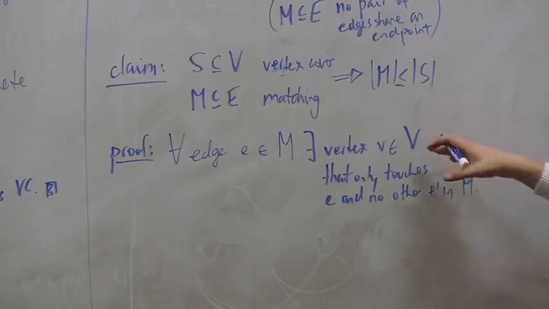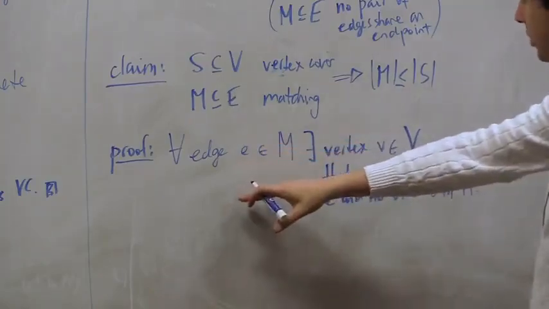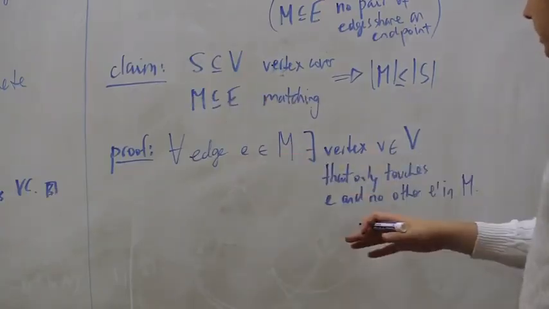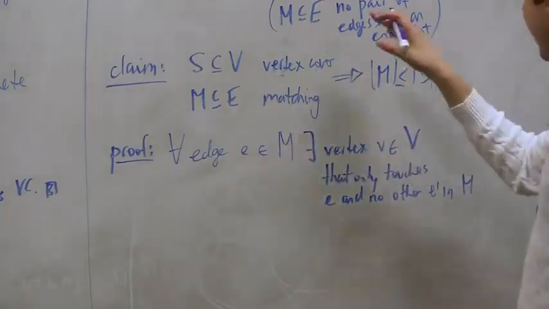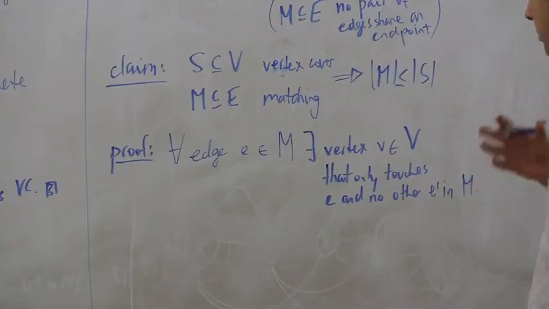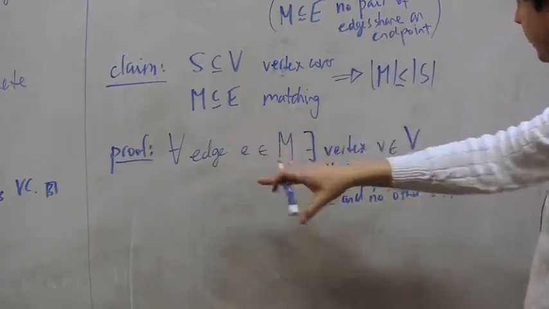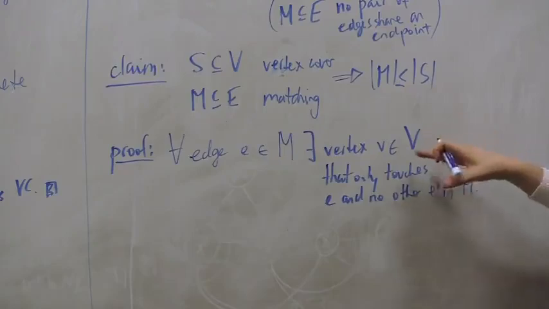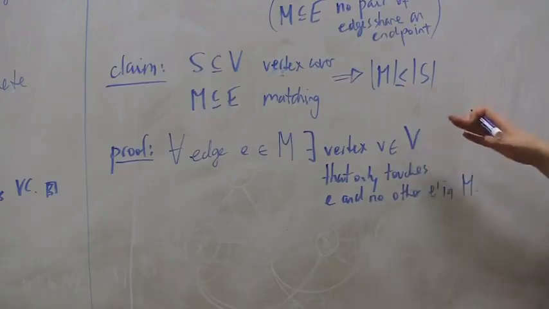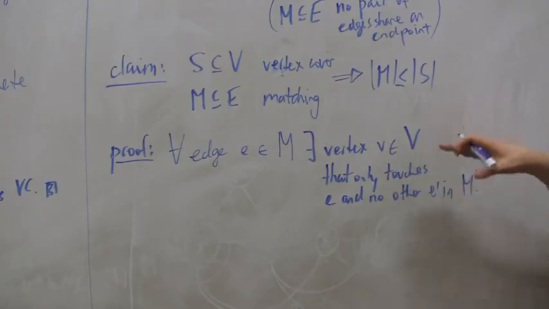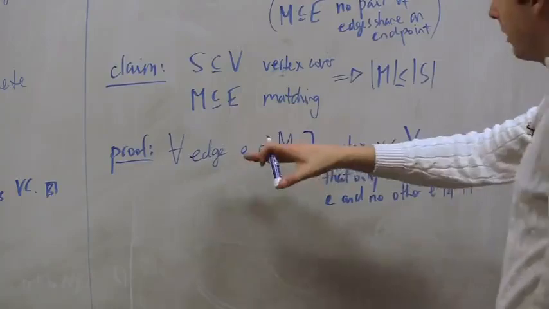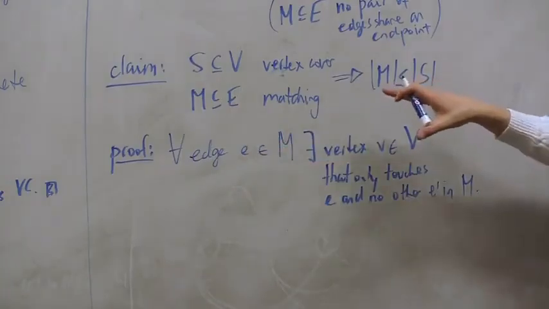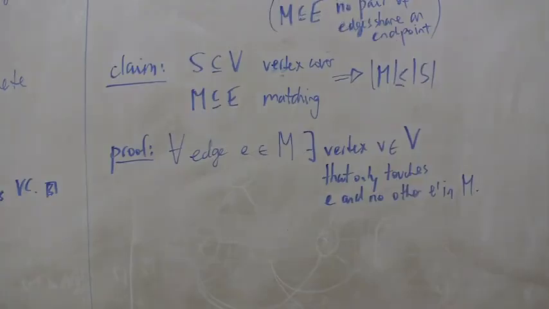Could it be that when we look at a different edge, we find the same vertex as one of the endpoints? No, it cannot be, because in a matching, edges are not supposed to share endpoints. So for each of the edges, there is a distinct vertex in here, one of the endpoints that you will find. Maybe not both endpoints, but at least one endpoint will appear here, and that very same endpoint cannot be an endpoint of any other edge. So this means that indeed the number of edges is at most the number of vertices in the vertex cover.